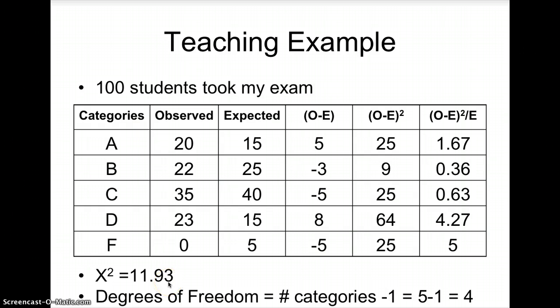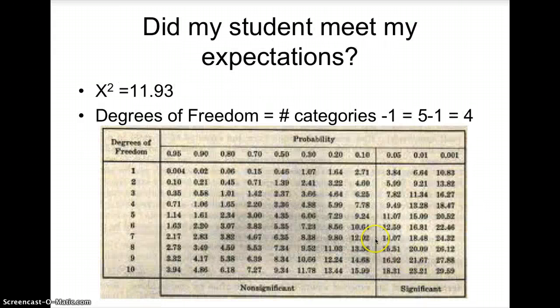Now, how many degrees of freedom would be in this example? Well, we had A, B, C, D, or F. That's 5 categories, and our number for degrees of freedom is categories minus 1. So 5 minus 1 gives us 4 degrees of freedom. Let's look at the chart.